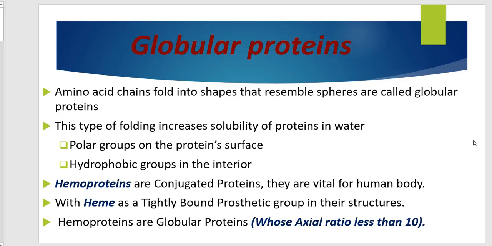They have heme as a prosthetic group, which is tightly bound in their structure to the protein part, which is called globin. In hemoglobin and myoglobin, the protein part is called globin. Hemoproteins are globular proteins. They all have a spherical shape and an axial ratio less than 10.